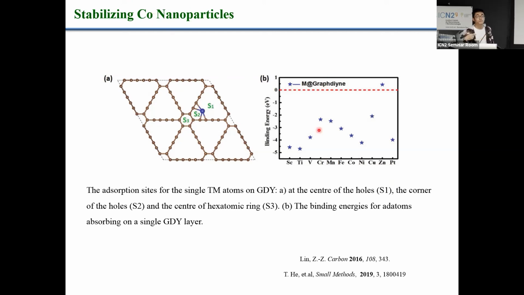And another small question. As you showed, the bandgap of GDY is really narrow. Normally, it cannot be used for photocatalysis directly because the bandgap is so narrow. So can we change the bandgap by changing the number of layers of GDY?